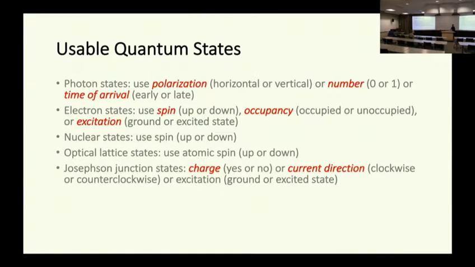Electronics, Josephson junctions, electronic Josephson junctions, which use charge, whether something has a charge or not, or direction of the current. So these are the quantum states which are currently used, and there's something called quantum dot pair states. I won't get into the details, but you can get an idea of the sorts of tools that you need in order to achieve any kind of quantum computing.